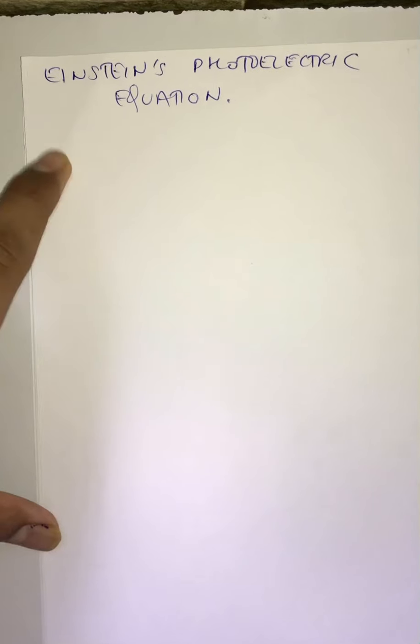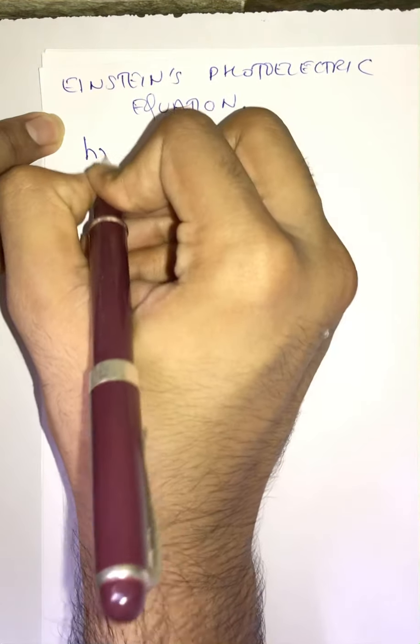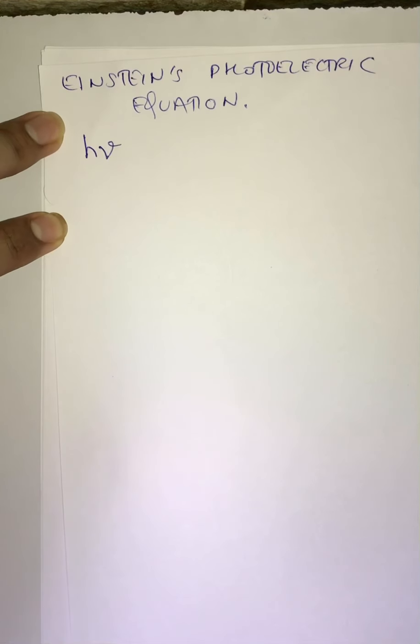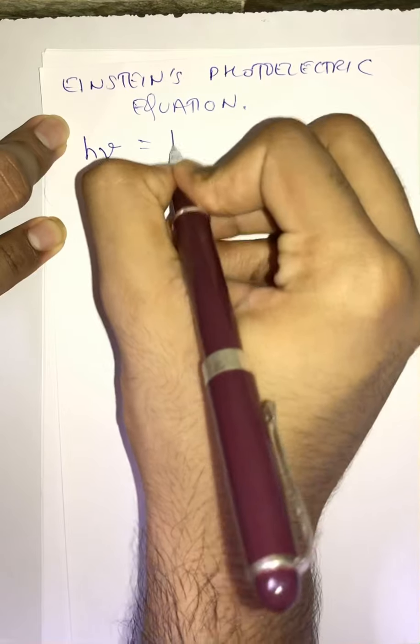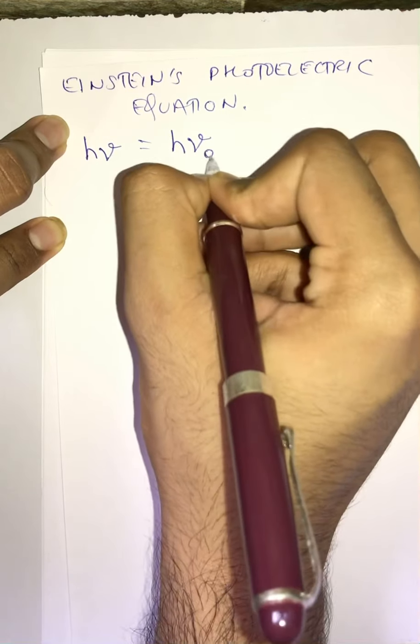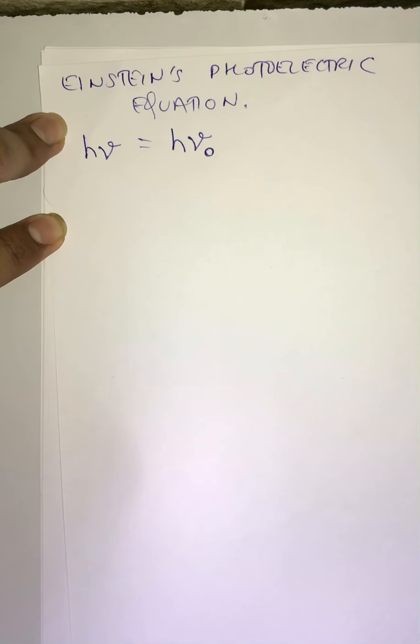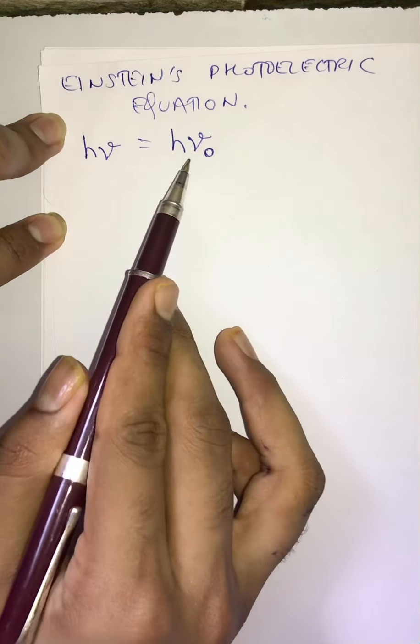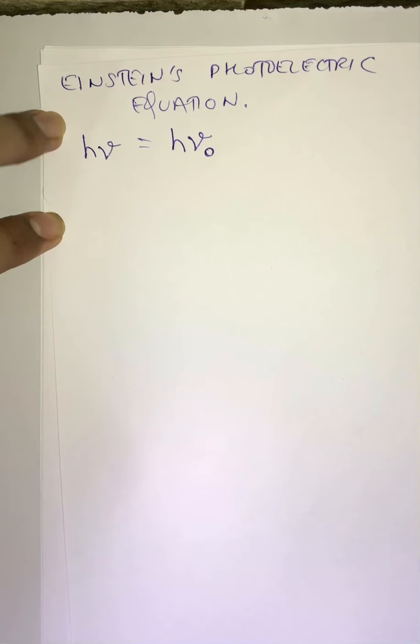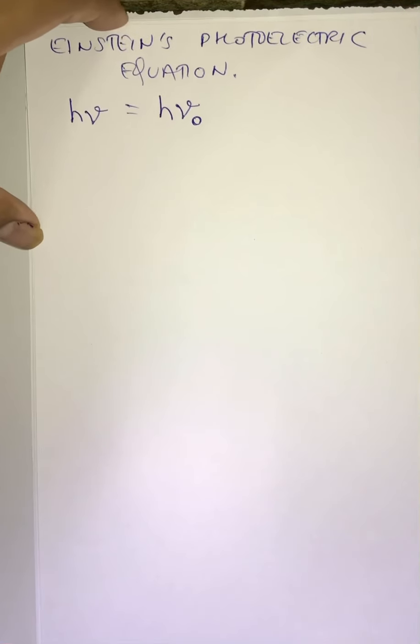Now what does this Einstein's photoelectric equation state? That h mu, which is the energy of a photon, is equal to h mu naught, which is the minimum energy required for the electron to come out.